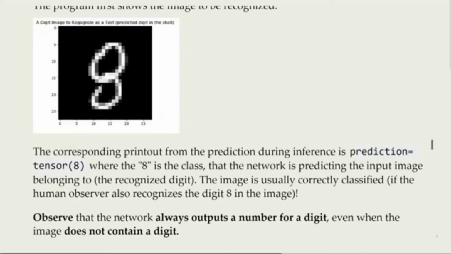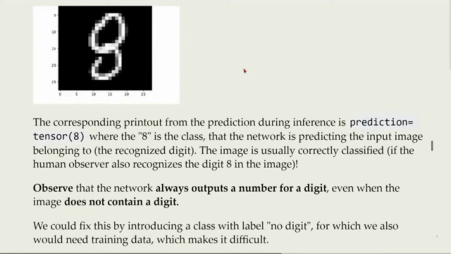And we see that in this case it is more or less easy for a human to identify as an 8, but I would not be surprised if somebody thinks it's a 9, or if the machine thinks it's a 9.